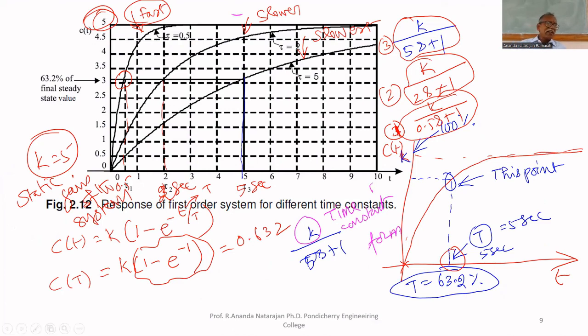Suppose instead of 5, here I have 10, here 3, and here 5: the first response will settle at 10, the second at 3, and the third at 5. Here all k values are equal, that's why all settled at 5. I think now you understand the difference between static gain and time constant.